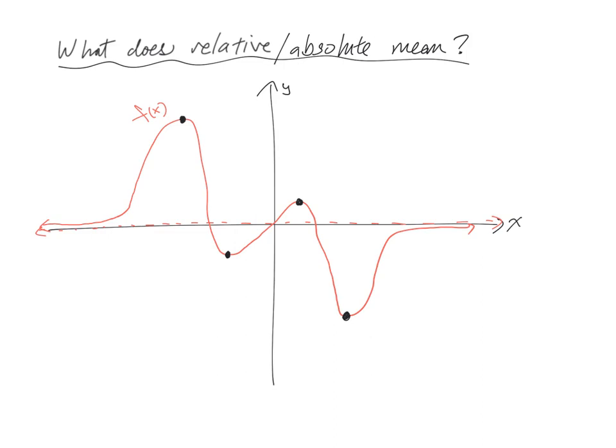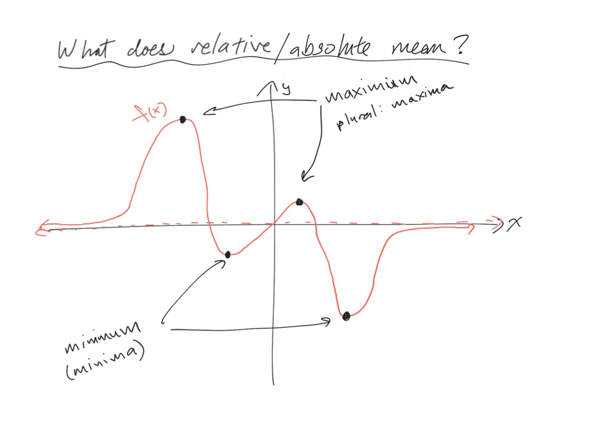Now, peaks are what we're going to call maximum, and valleys are what we're going to call minimum. So here, both of these are what I'm going to call maximum. And in fact, the plural, we would say, are maxima. And something very similar for the minimum.